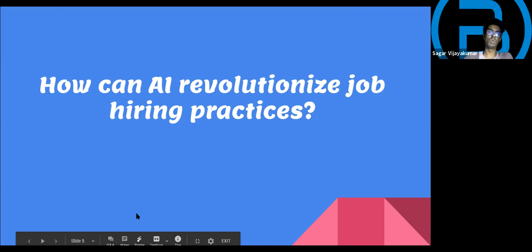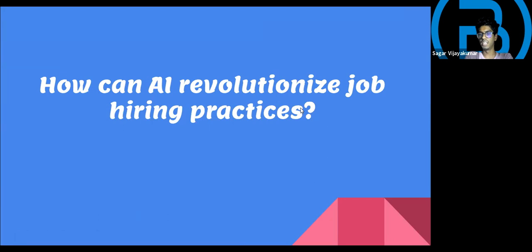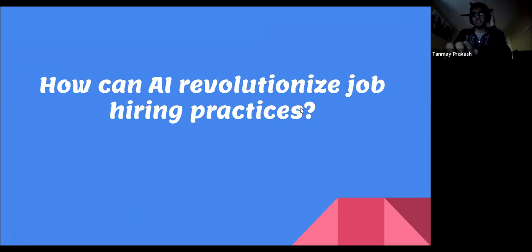Tanmay, would you want to talk about what HireVue was so that people who are not aware can understand? HireVue is essentially a system that allows you to perform certain interview or pre-interview questions for a job.